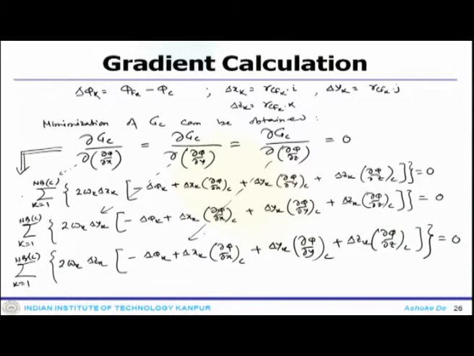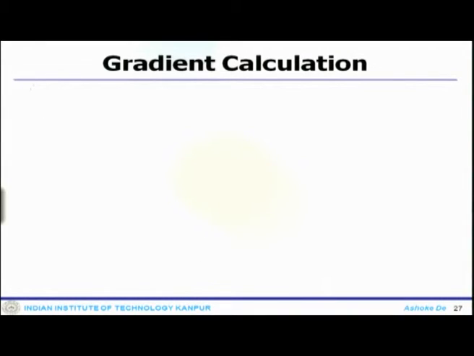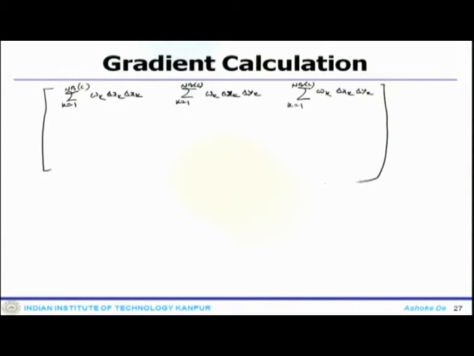So, you obtain these conditions, which one can write in a matrix form, and if you write it in matrix form, this will look like summation k equals 1 to NBC Wk delta xk delta xk, that is the first term, summation k equals 1 to NBC Wk delta xk delta yk, and summation k equals 1 to NBC Wk delta xk delta zk.